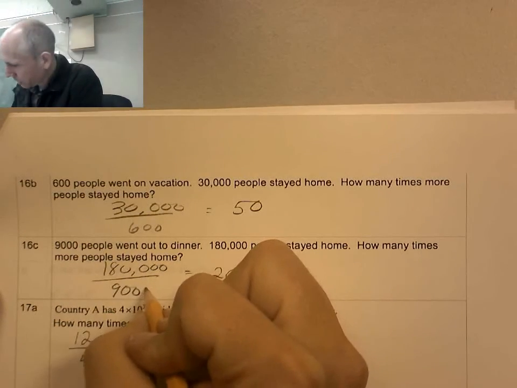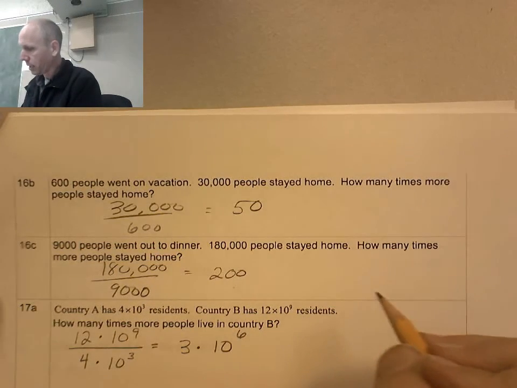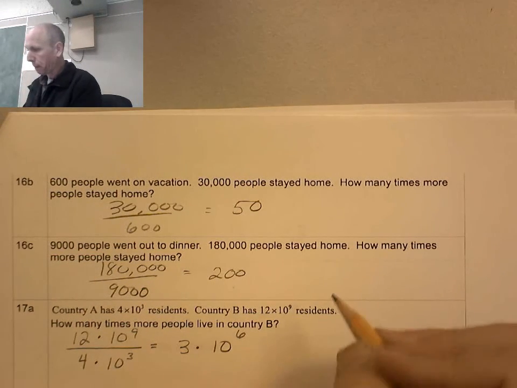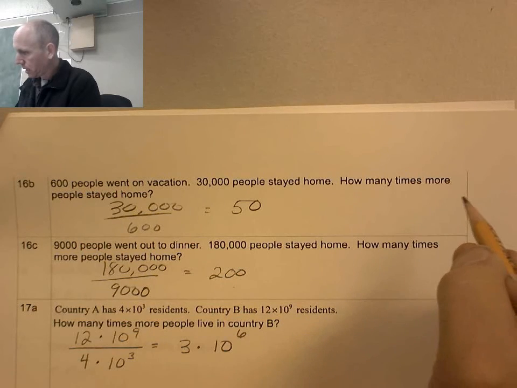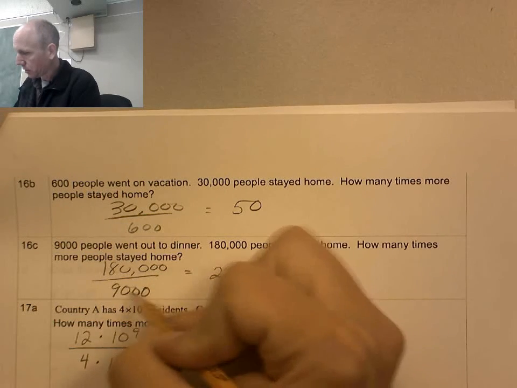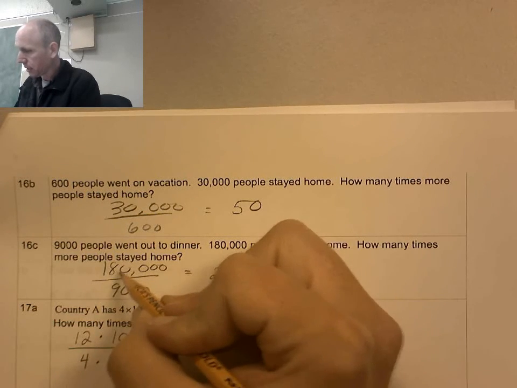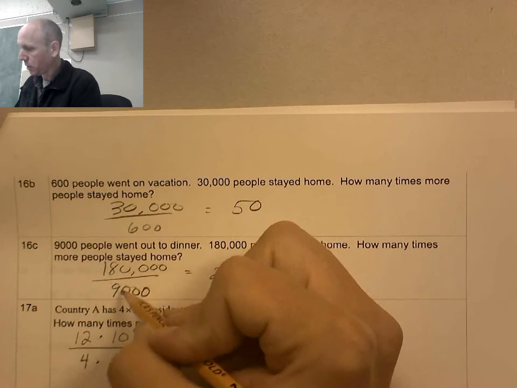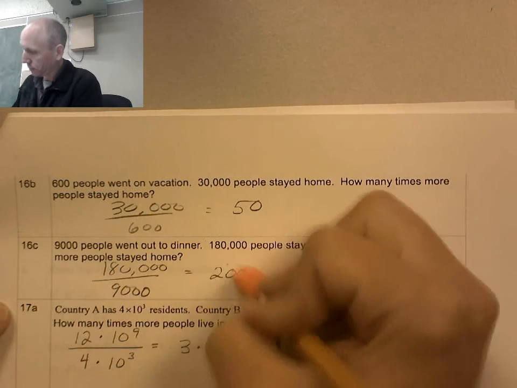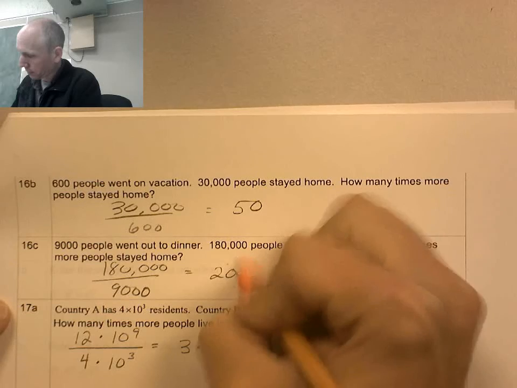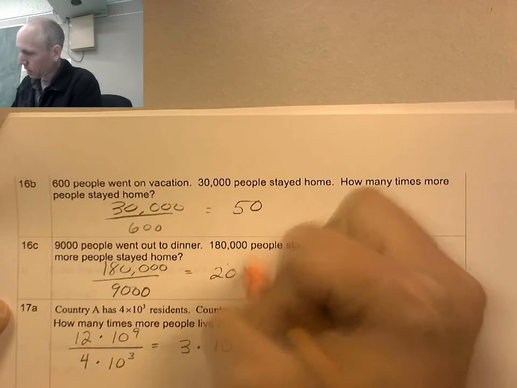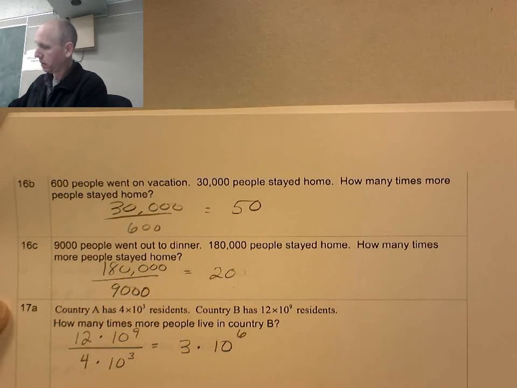So I'm checking them answers. Stayed home. How many times more people stayed home? I can cancel. Threes. That's 180, 20. 20 times more people stayed home. Oh, 9,000 went out to dinner.